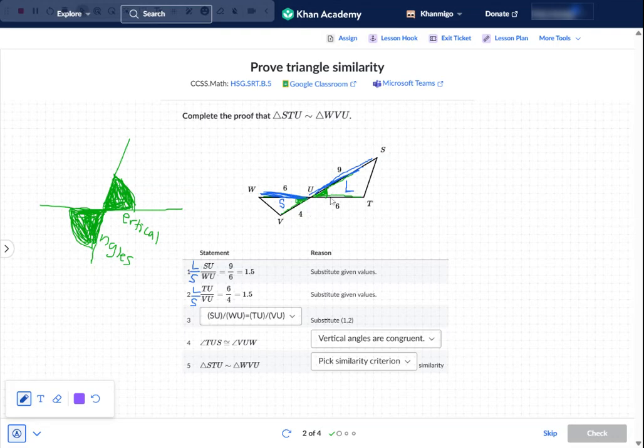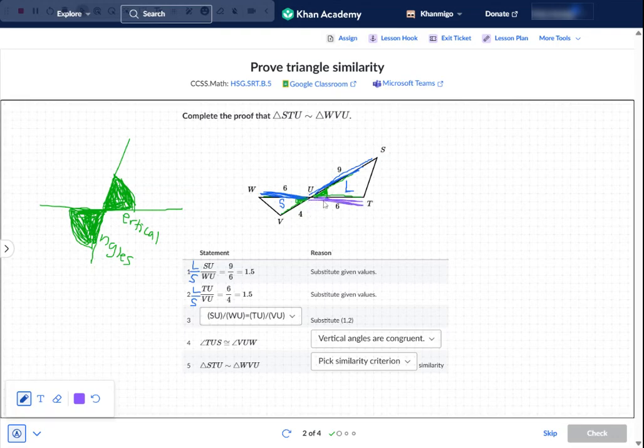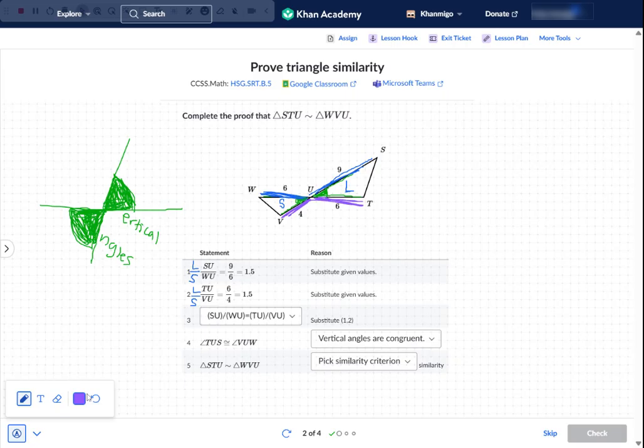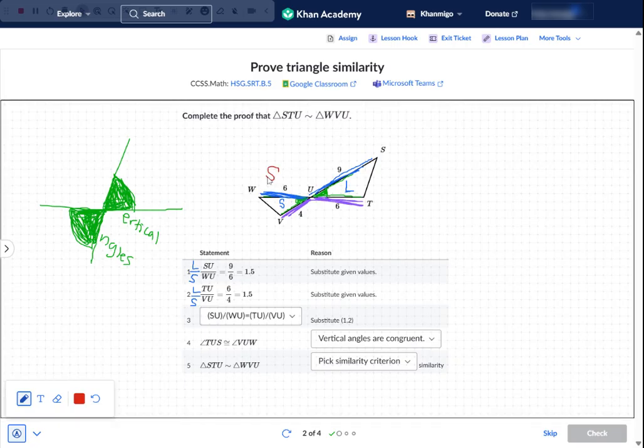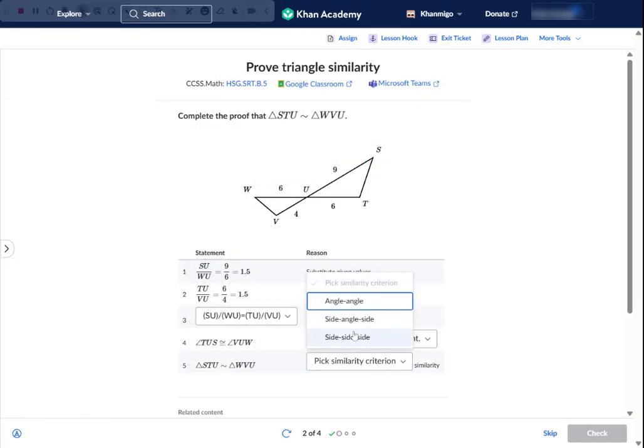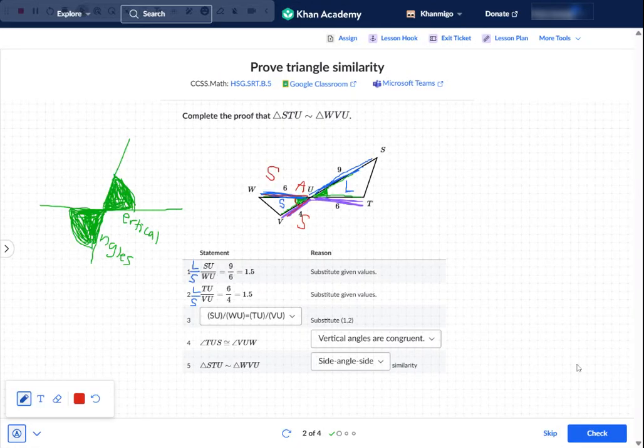And then TU matched up, was proportional to VU. Okay, so what are we given here? I see a side, I see an angle, and a side. We found a side that was proportional, we found an angle that was congruent, and another side that was proportional, so it should be side, angle, side. And let's check.